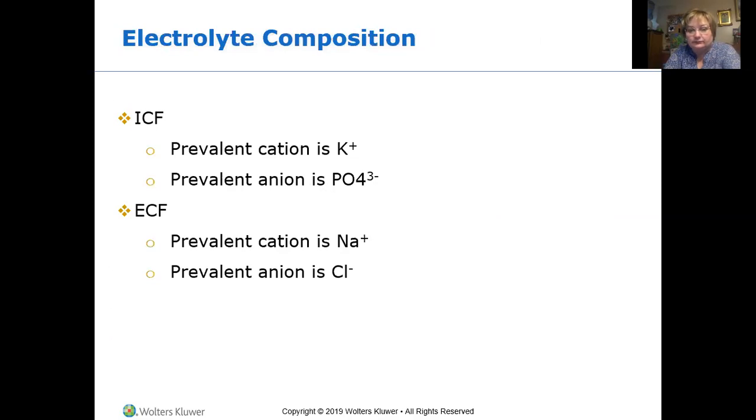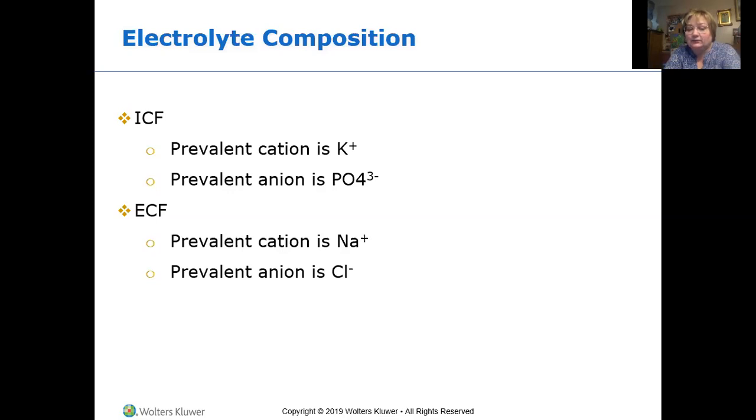Okay. So just as we were talking about earlier, let's go back to intracellular fluid, the fluid inside the cell, and extracellular fluid outside of the cell. Here we're looking at both intravascular fluid and then interstitial fluid, the fluid that's inside tissue. Inside the cell, your prevalent cation is potassium.